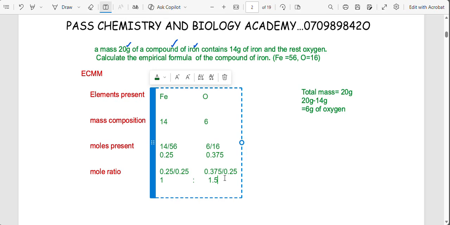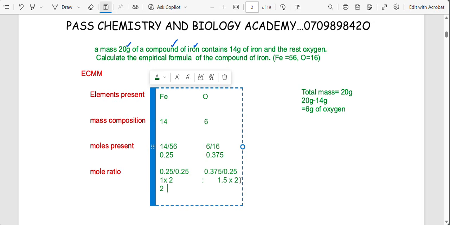Whenever you calculate empirical formula and you get a number ending with a 0.5, it is also a rule. You multiply on both sides of the elements by 2.